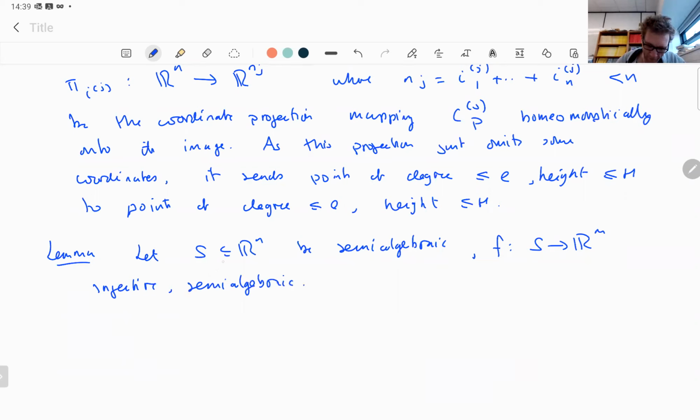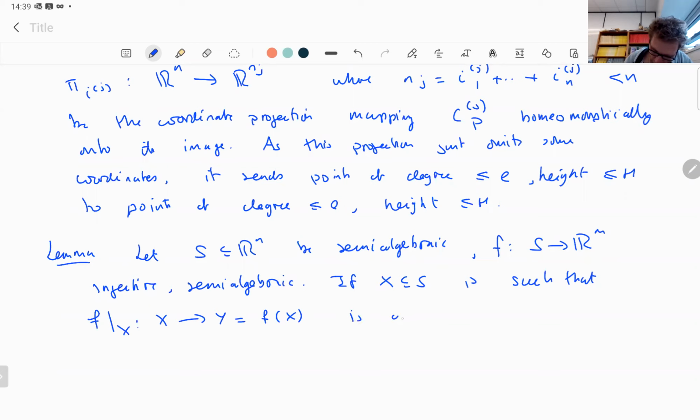If I have a subset X of S such that F restricted to X, sending X to Y, the image of X, is a homeomorphism, then F of X trans is Y trans.